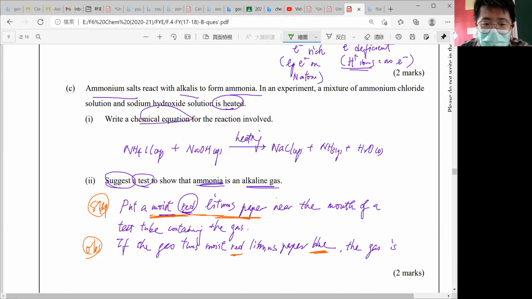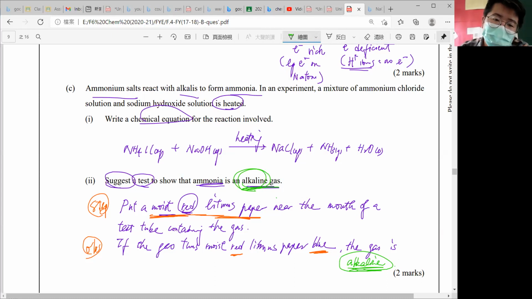Good to tell. Because you are going to have the alkaline gas, you are going to tell me that it is alkaline. A slight change here, right? Good. So the ultimate goal is different. What has been suggested is a very good point: you are going to look at the aim of the question.